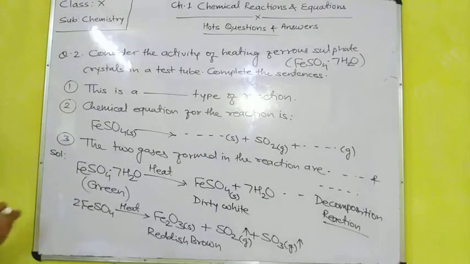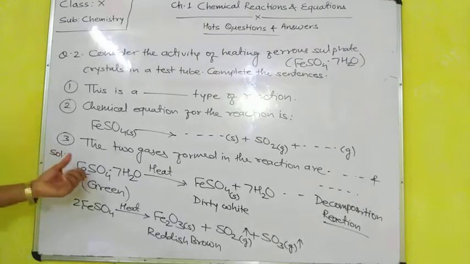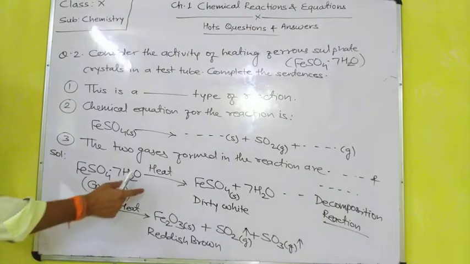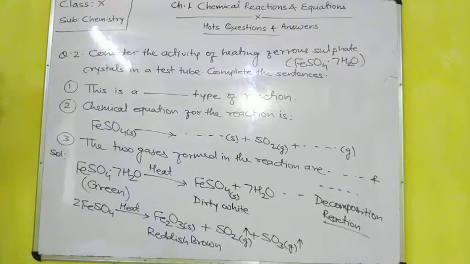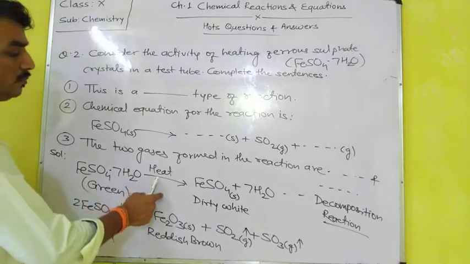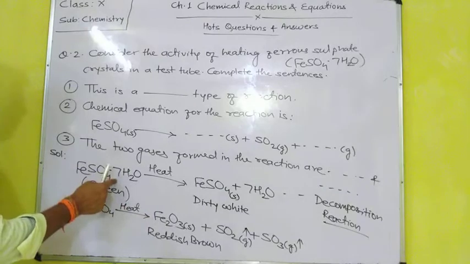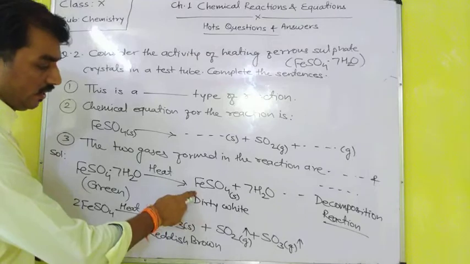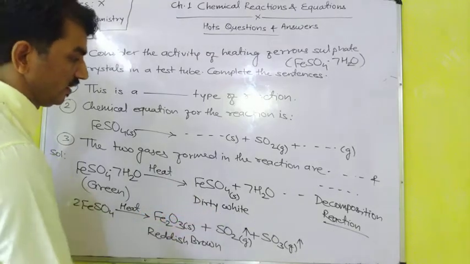So in the first step, we take 2 gram of ferrous sulfate crystals and note its color. It is green in color. We put it in the test tube and provide heat with a spirit lamp. By heating, first the water molecules it contains are removed, and after the removal of water molecules it becomes dirty white in color.